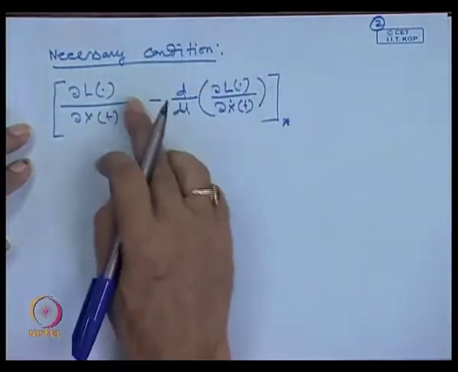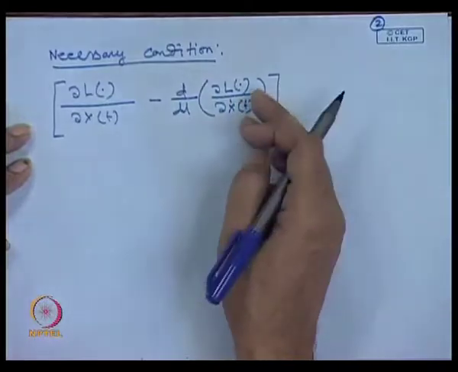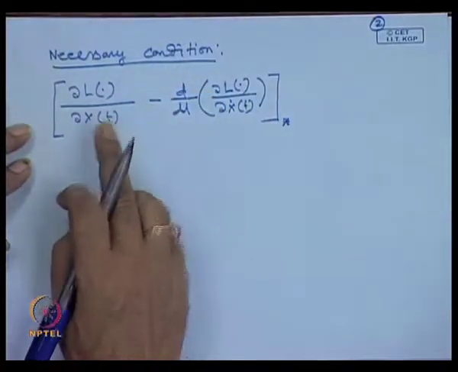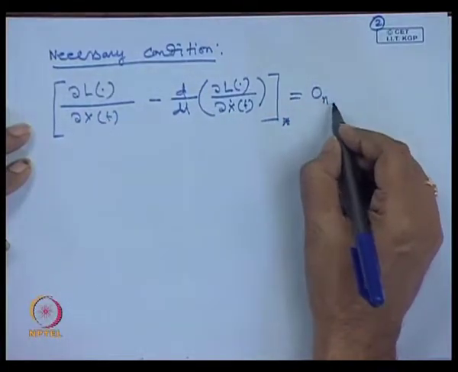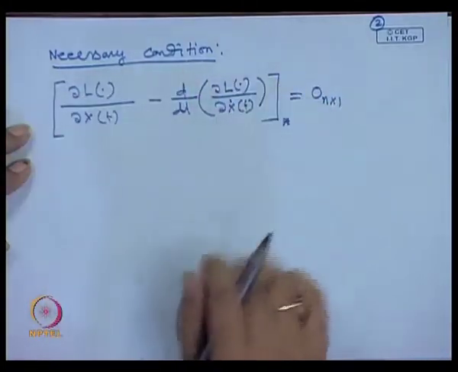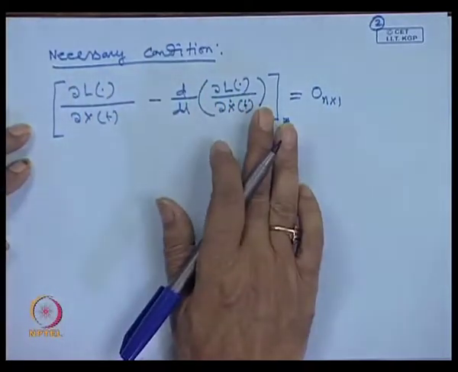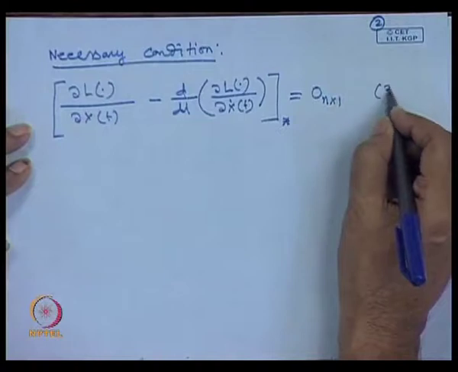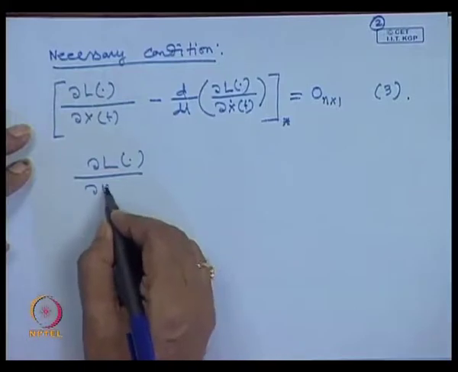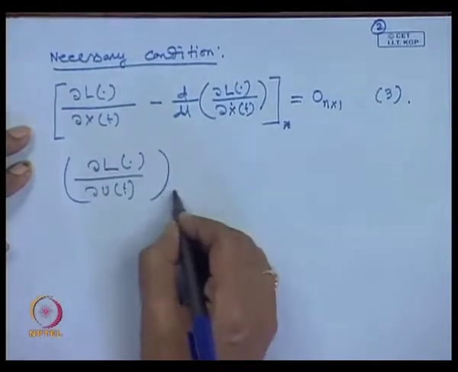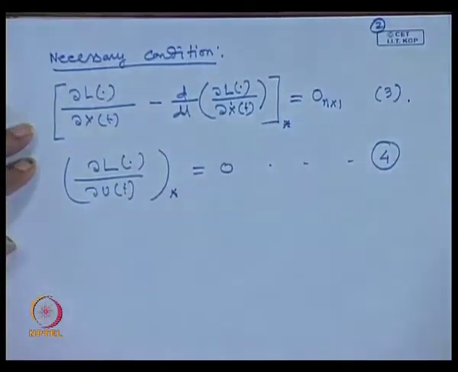You have to solve this along the star trajectory, and whatever solution you get is the optimal trajectory or optimal control law, which in turn will give you the optimal trajectory x star of t. So, we have in turn n cross 1 differential equations. That differential equation in general is a nonlinear differential equation. Let us call it equation number 3, and not only this, another condition we got is del L del u of t equal to 0. So, this is equation number 4 corresponding to our problem.